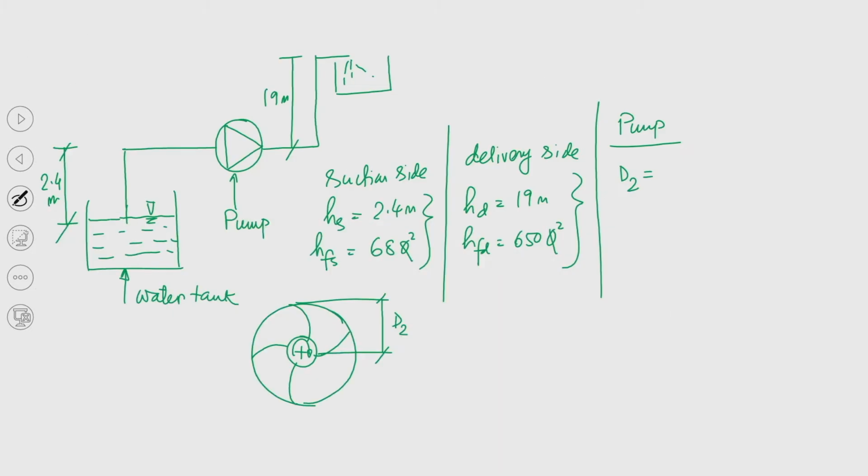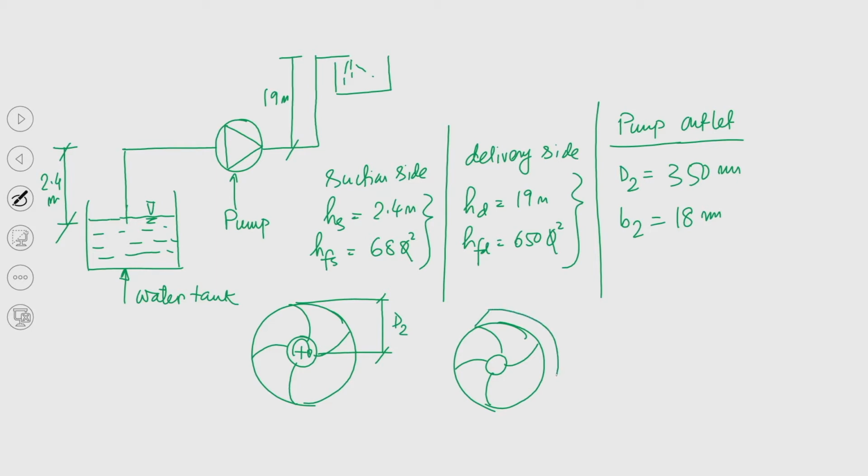So, basically if we try to draw, this is 350 mm and B2 equal to 18 mm. So, these are the pump outlet data. Now, we have also seen that the impeller is nothing but hub plus blades, and so this is the width of the impeller.